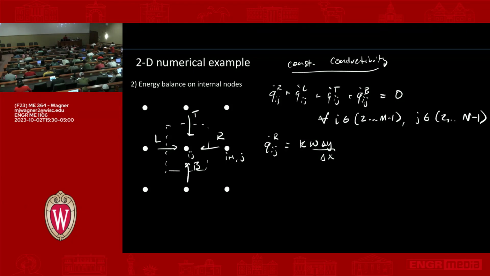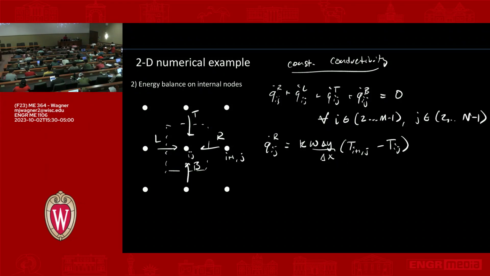The temperature potential, from the direction we drew it, is T i plus 1 j minus T i j. So that's Q dot from the right. The really important thing here is distance to conduct is the delta x. It's always delta x. The area that's available is W times delta y.